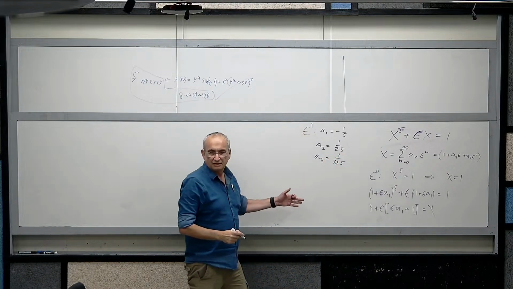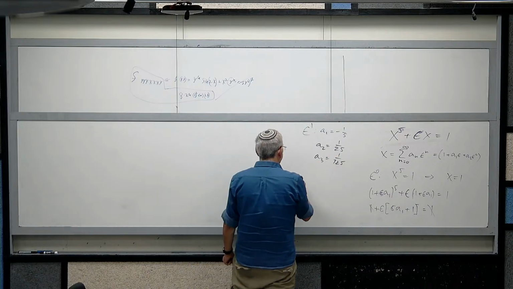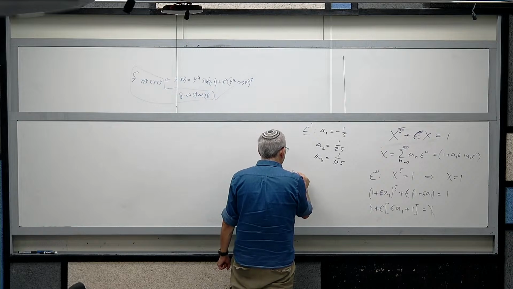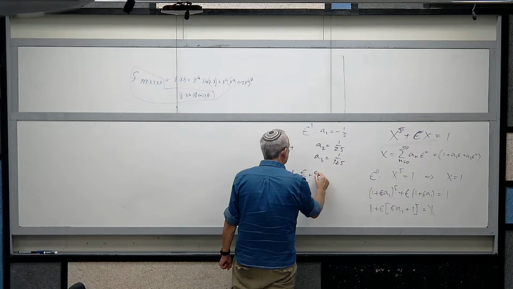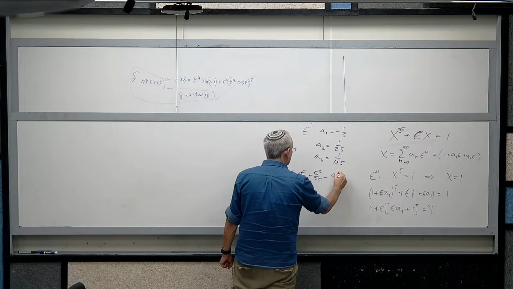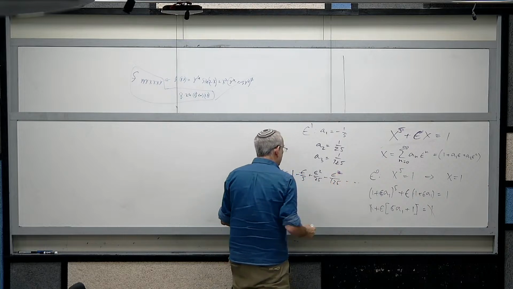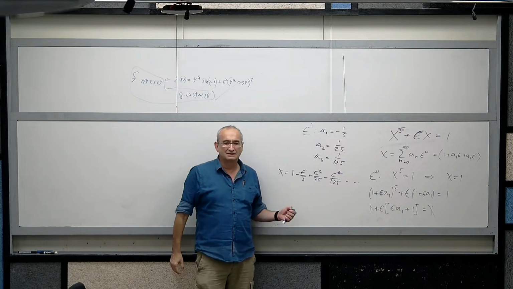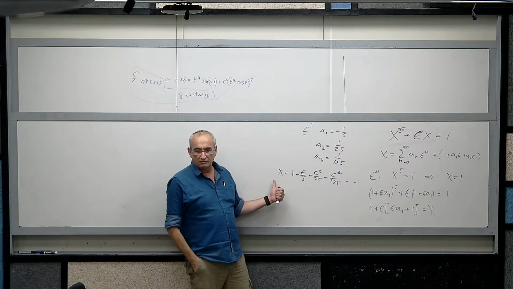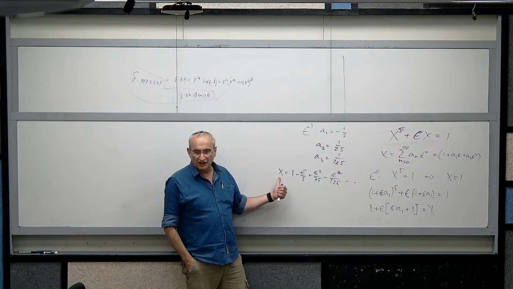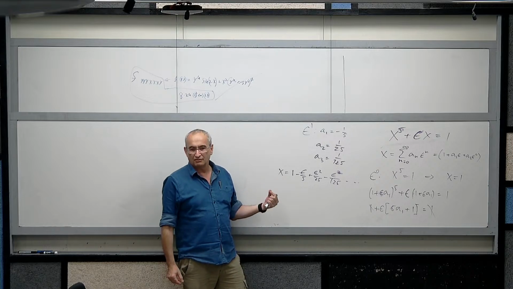Which implies that in general x will be 1 minus epsilon over 5 plus epsilon squared over 25 minus maybe epsilon cubed over 125, and so on and so forth. And the point is that when you take epsilon to 0, you get the 0th order answer. This is a regular perturbation theory.